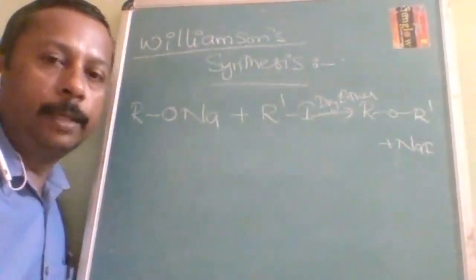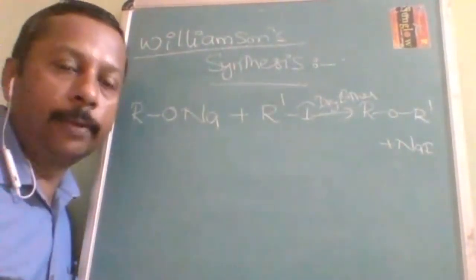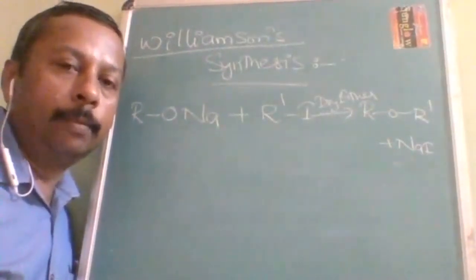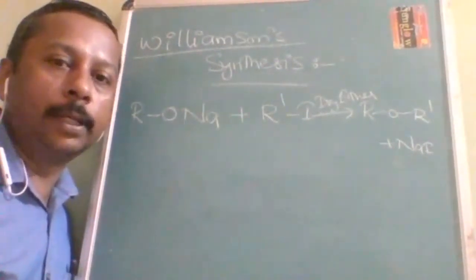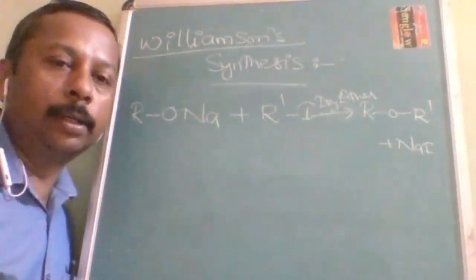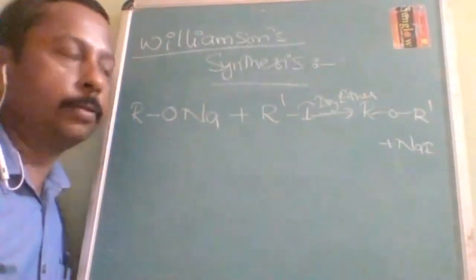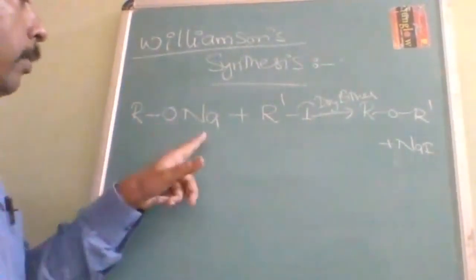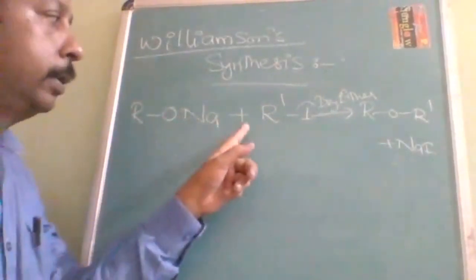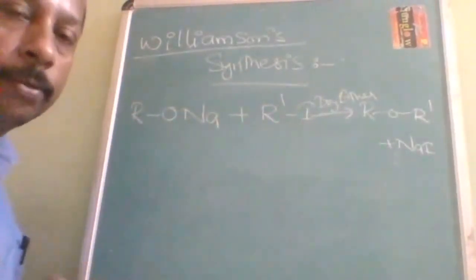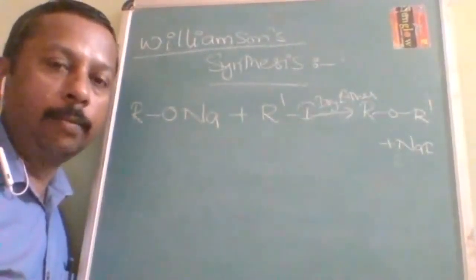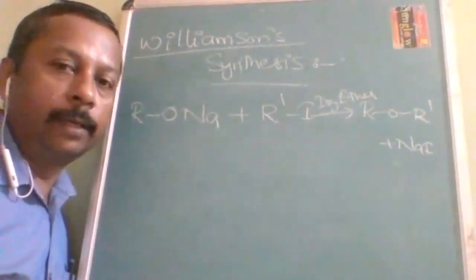Williamson synthesis is used for preparation of both symmetrical and unsymmetrical ethers by using sodium alkoxide with alkyl iodide in the presence of dry ether to form ether. Understood? So here sodium alkoxide, sodium, alkyl and oxygen, reacts with the alkyl iodide. Iodide is preferred because the bond length will be more, so bond breaking will be easy.